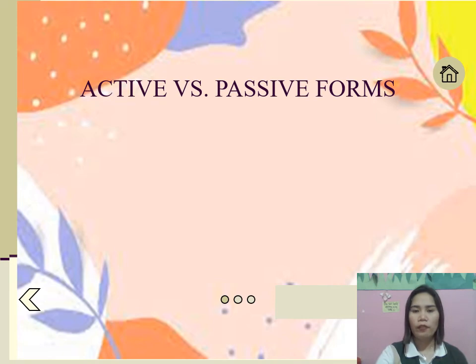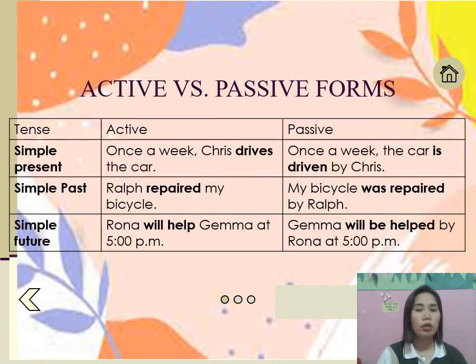Now let's have some changes in verbs in changing active to passive form. So for example, simple present. In active, once a week, Chris drives the car. In passive, it will become once a week, the car is driven by Chris. Next, simple past. Active is Ralph repaired my bicycle.